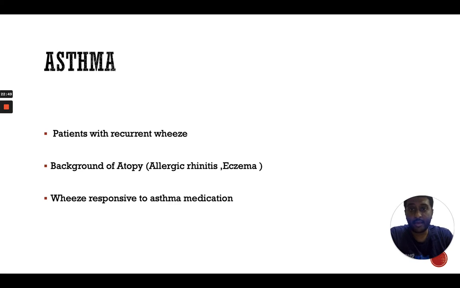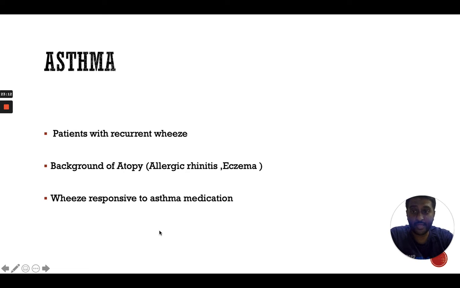Okay, and we'll look at a little about asthma. Okay, so asthma can be a clinical diagnosis, not necessarily always they need spirometry. Okay, because some of the children may not be cooperative for spirometry, so you might not have a spirometry diagnosis of asthma.